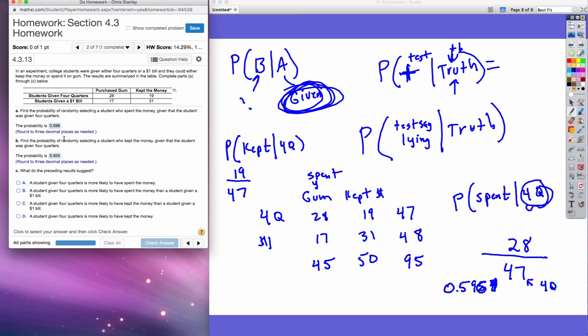Okay, so what do these results say? Basically what they're saying is if you're given 4 quarters, you are pretty likely to spend the money. I'm going to say that.